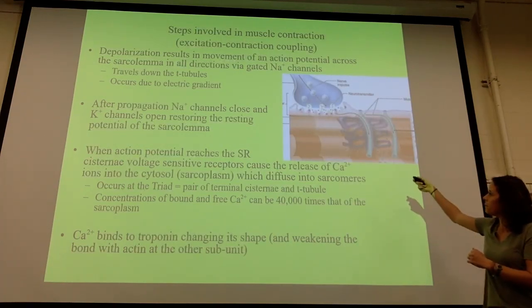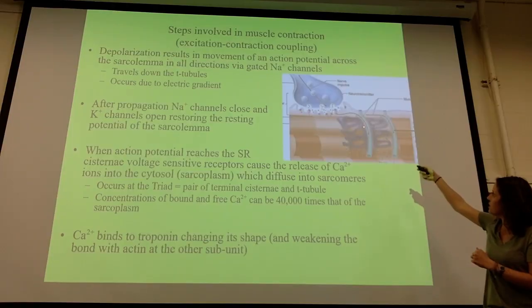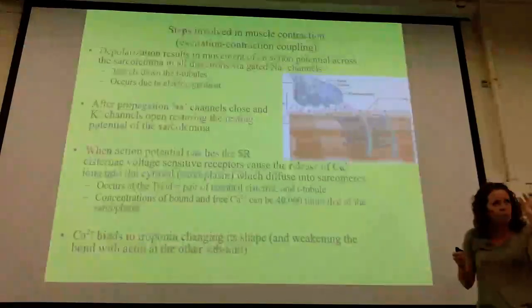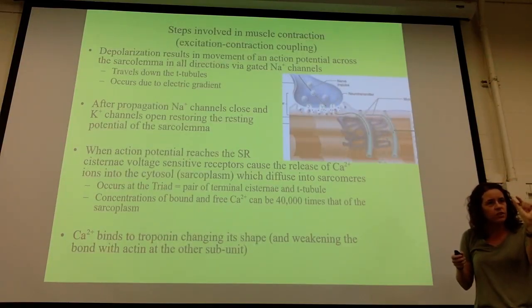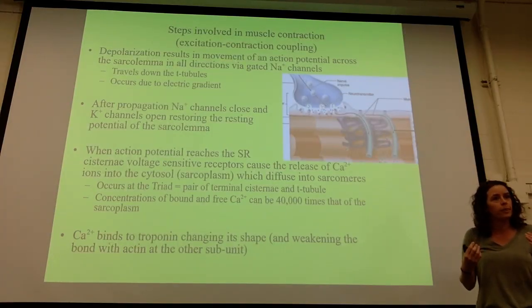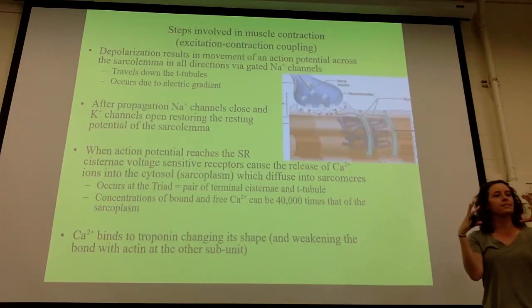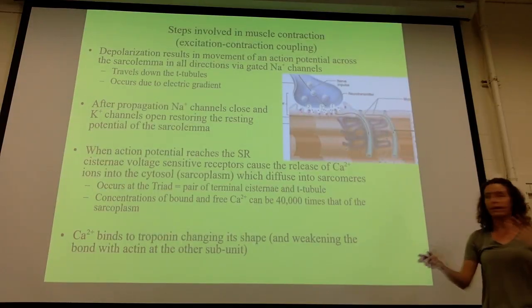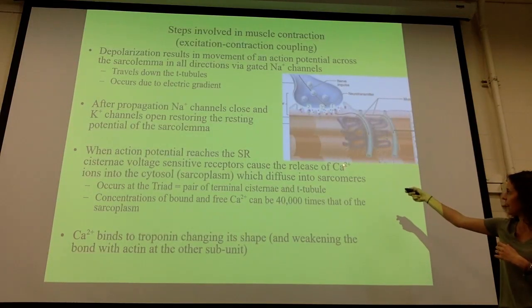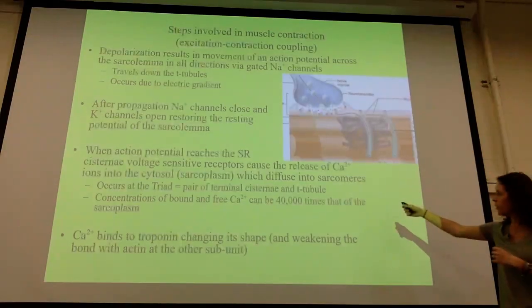There are voltage-sensitive receptors. So there's receptors that sit in the cisternae that can sense when an action potential travels down. And when the action potential comes down, the voltage receptors say, ooh, we've got a message. Open up the gates. The gates open, and it allows for calcium to be released.